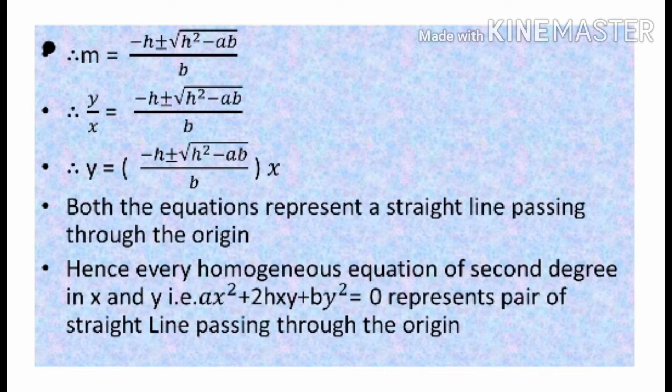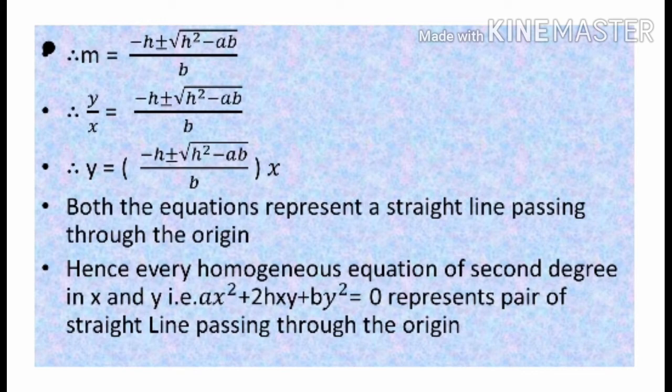Now in the third case, if h² − ab > 0, then we get a positive number in the root sign, and we can find the root of a positive number. Therefore when h² − ab > 0, we get two different slopes. For the plus sign we will get one slope, and for the minus sign we will get the other slope.